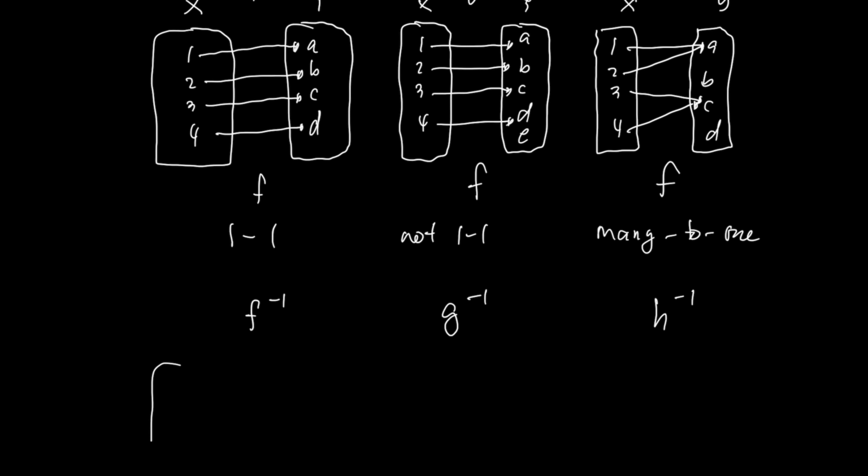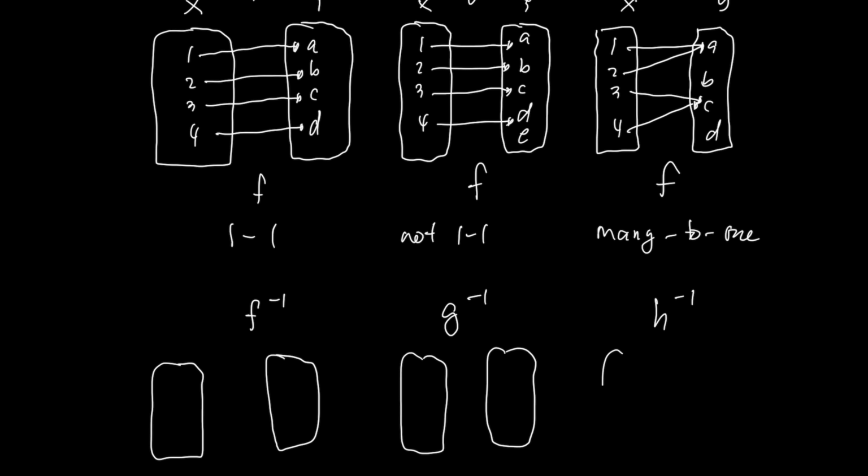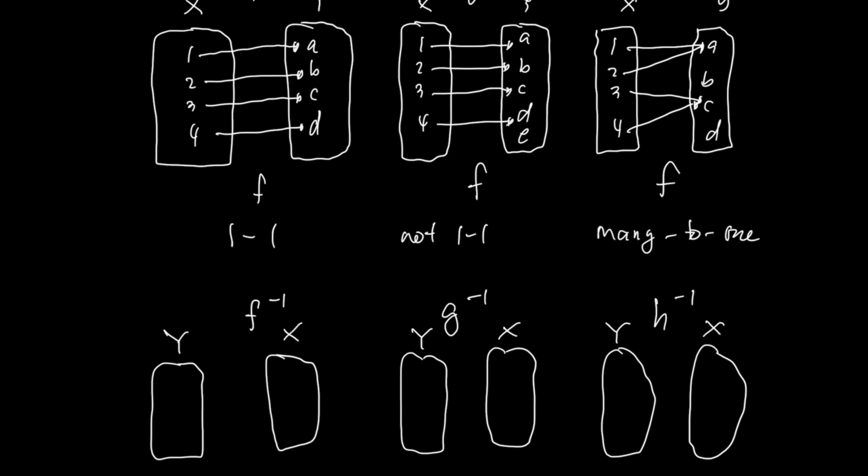So we have here, this is our y, this is our x, and this is A, B, C, D, 1, 2, 3, 4. This is A, B, C, D, E, 1, 2, 3, 4. This is A, B, C, D, 1, 2, 3, 4.